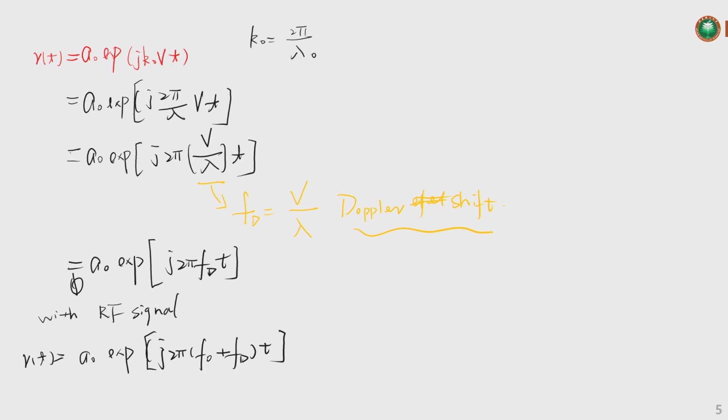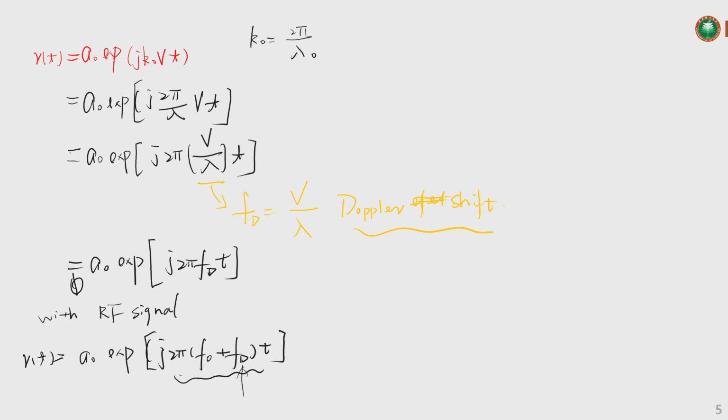So now when we come back to the phase part, it varies with respect to time, and also it has a constant fd added to it.